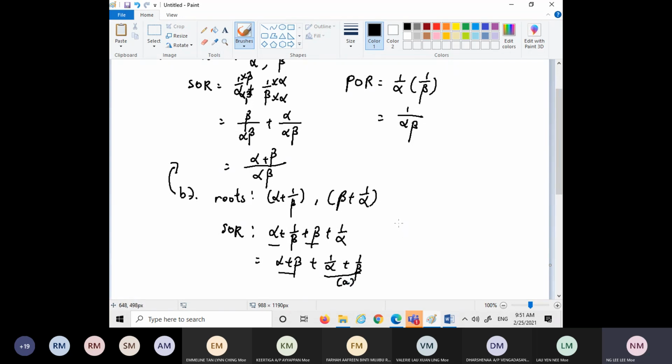Then how about POR? POR means times. Two brackets, so term by term you expand. Alpha beta. Alpha times 1 over alpha.